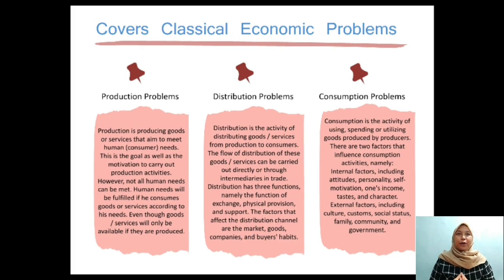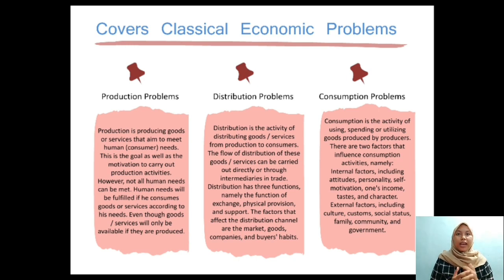Classical economic problems have three problems. 1. Production problem. 2. Distribution problem. 3. Consumption problem. Production problem is producing goods or services that aim to meet human or consumer needs.